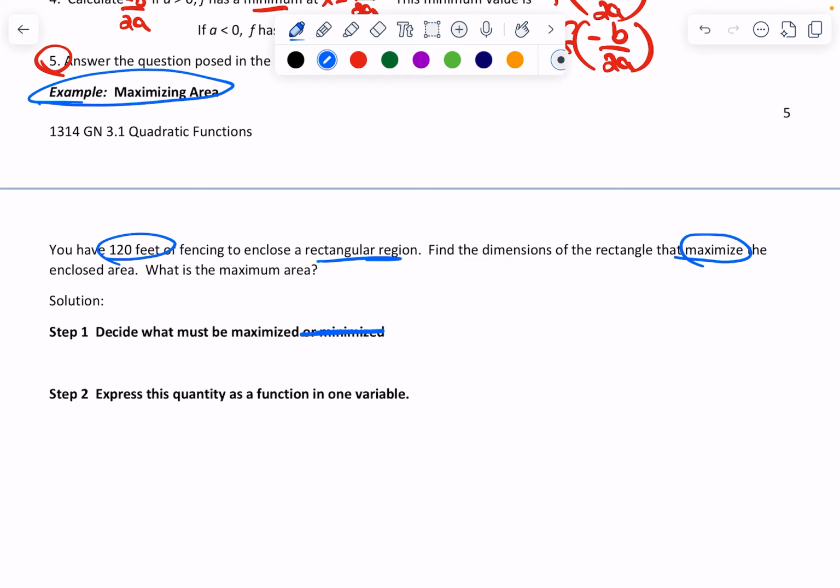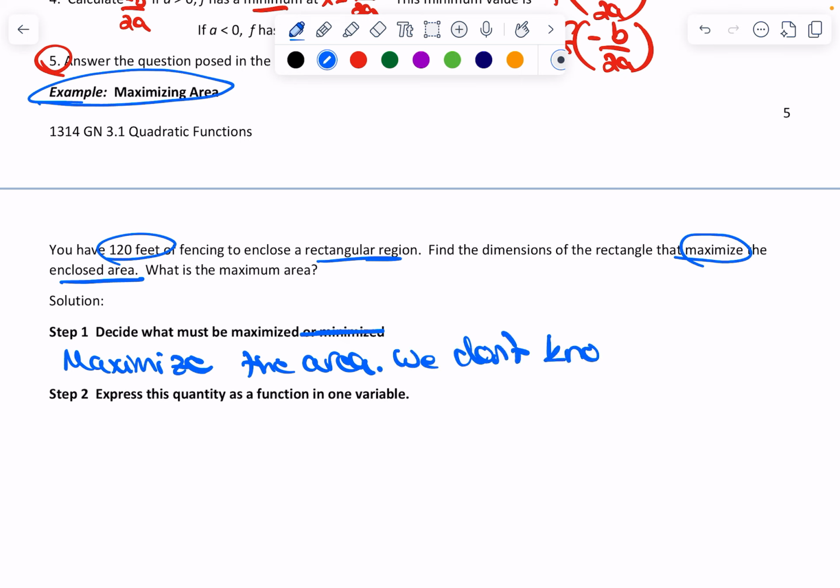Now, if we think about the question, it is asking, find the dimensions of the rectangle that maximize the enclosed area. So our goal is to maximize the area. We don't know the dimensions yet.